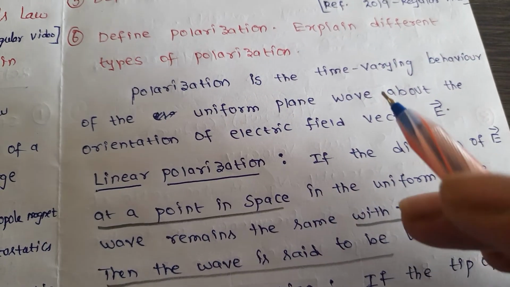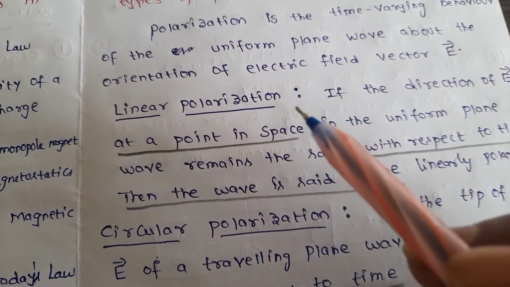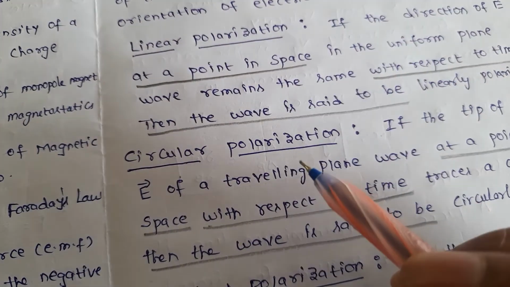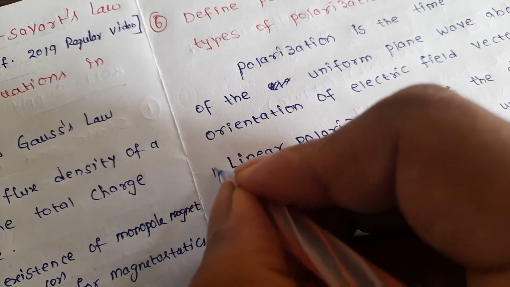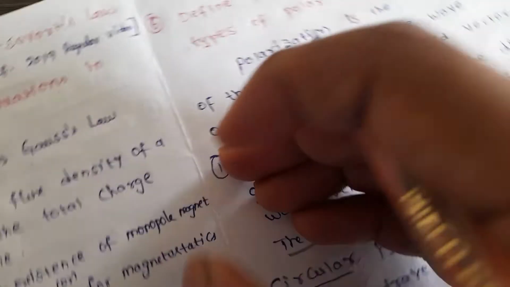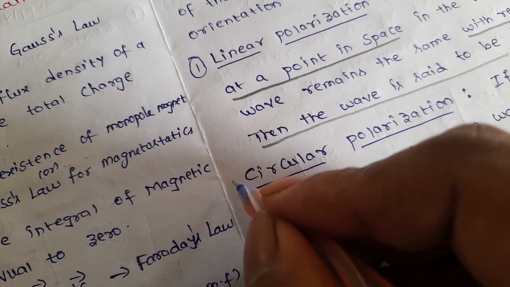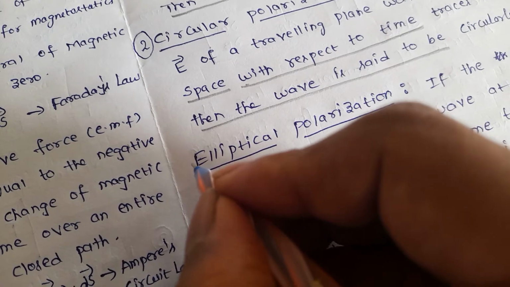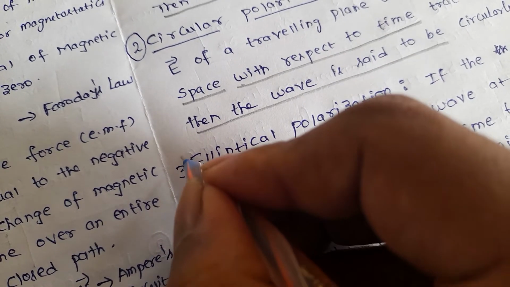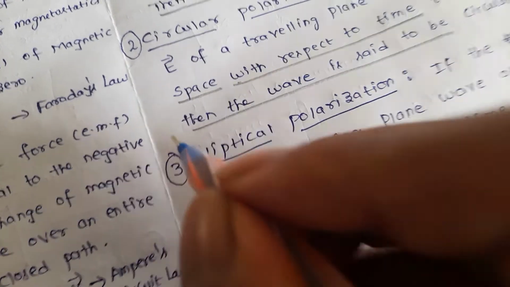Now how many types of polarization do we have? 3 types of polarization: linear polarization, circular polarization, and elliptical polarization. This is the first one, linear polarization. This is the second one, circular polarization, and this is the third one, elliptical polarization. Is it clear?